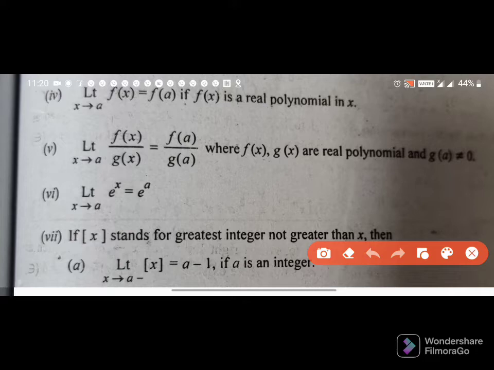Limit x tends to a, f(x) divided by g(x), again x is replaced by a, f(a) divided by g(a). Next, limit x tends to a, e raised to the power x, the exponential function, so the limit is equal to e raised to the power a.